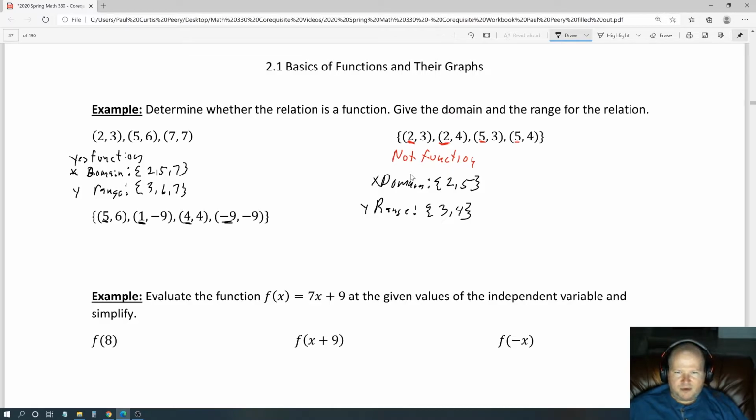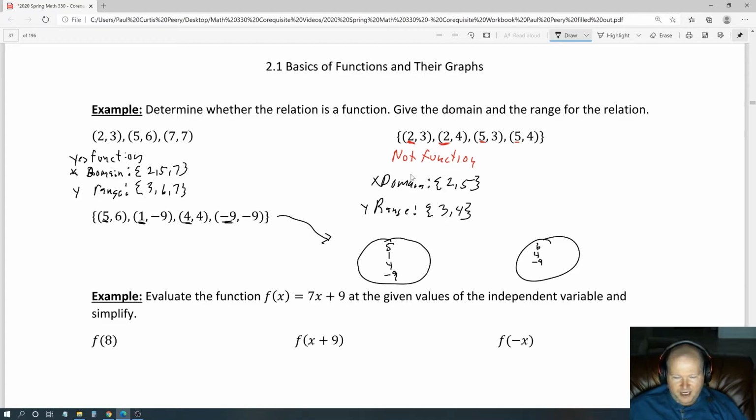Let me graph this really quickly to show you what I mean, because I realize this might be confusing. Let's say we have a 5, a 1, a 4, and a negative 9, then a 6, a 4, and a negative 9.